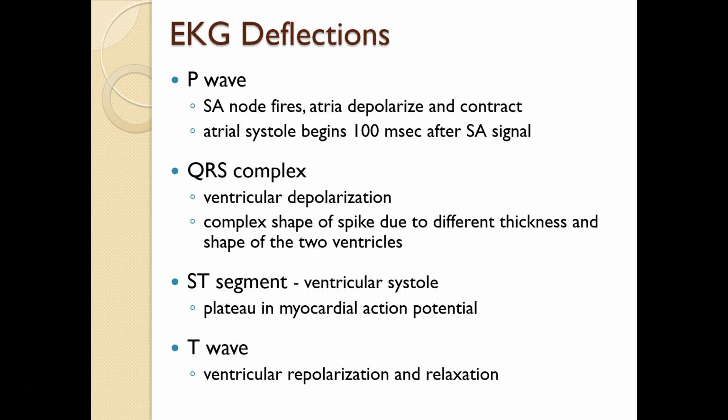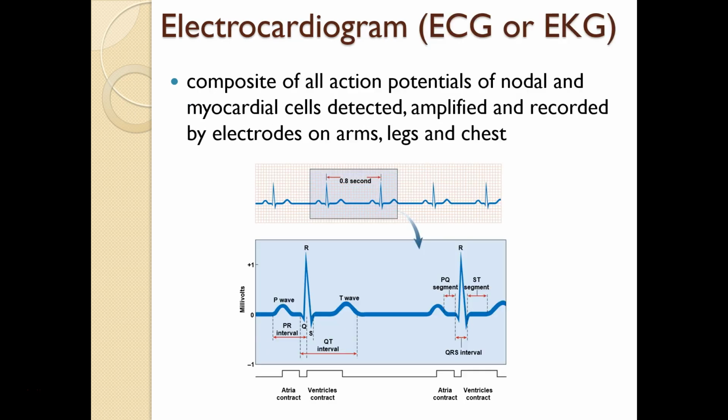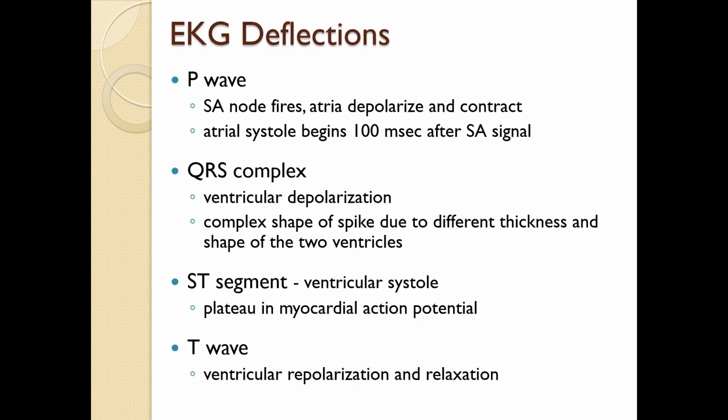So during the ST segment, what is that? We don't really get into all that's happening there, but when you get into the nursing program, you'll know what the heart is doing at each of those points. So between S and T, the end of the QRS complex and before the T wave begins, is where you have contraction of the ventricles. Okay? So that's called the ST segment: ventricular systole, plateau, and myocardial action potential.